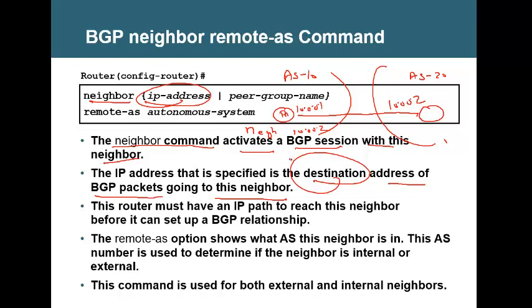So what will happen? As soon as you say this, BGP in router 1 will generate a packet like this. A TCP three-way handshake is the first thing that it will try to do, with the source address of the egress interface, the interface going out towards router 2.